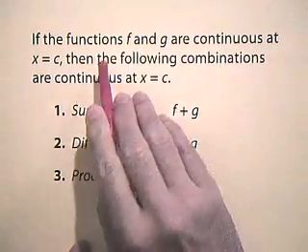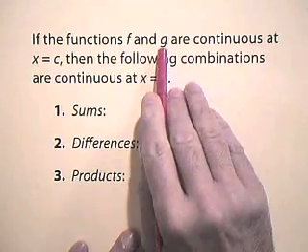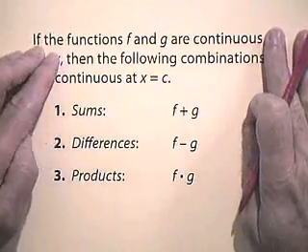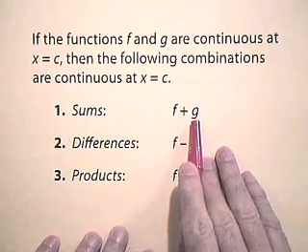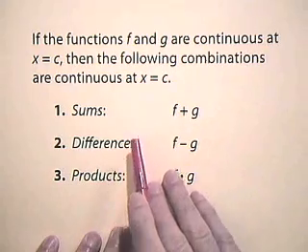We say a function is continuous if it's continuous at each point of its domain. Let's look at our combination rules for continuity at a single point and see what we can say about combinations of continuous functions. So here, if f and g are continuous and not just at x equals c, then the sum of f and g would be continuous because why?